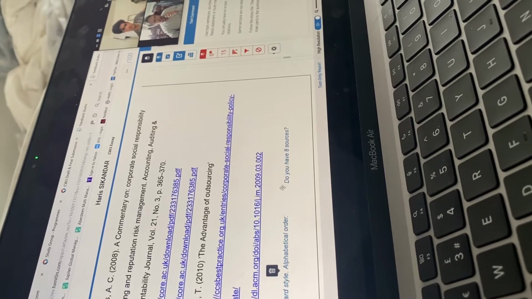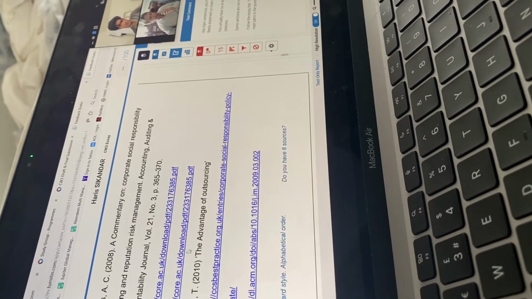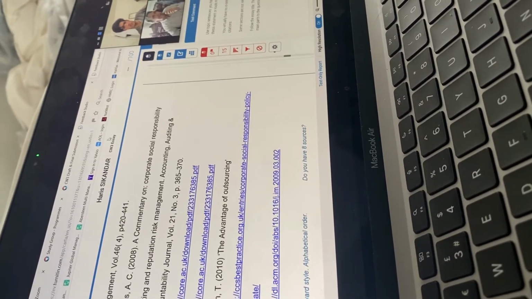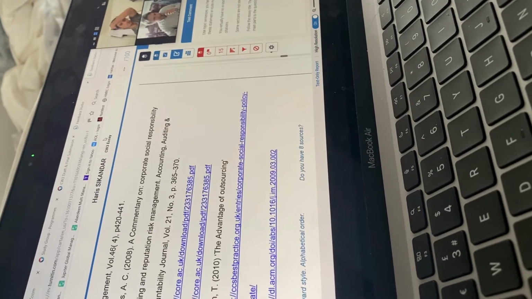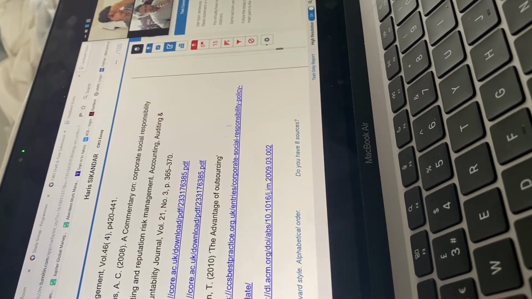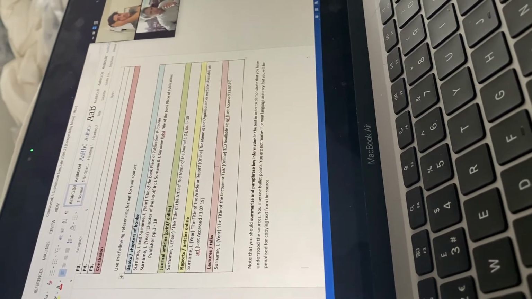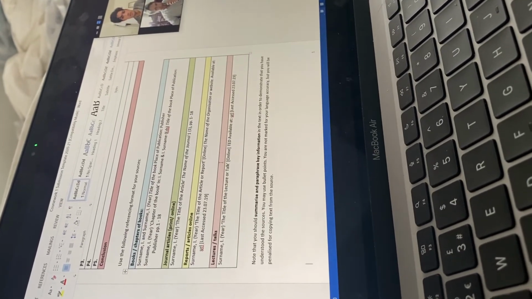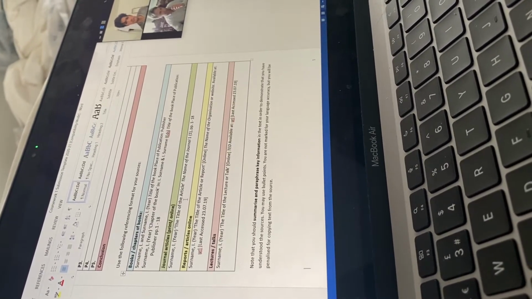Harvard style. Is that 8 sources? This is not. If you look at the template for coursework 1, it's found in term 2, 1.12. Yes, sir. Because it has the Harvard style here.